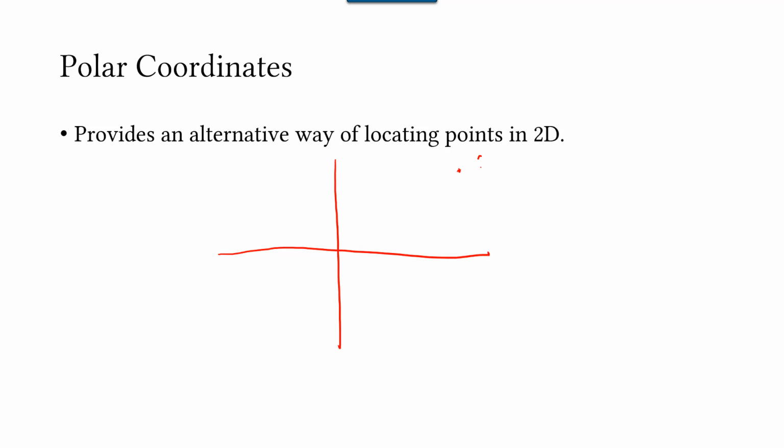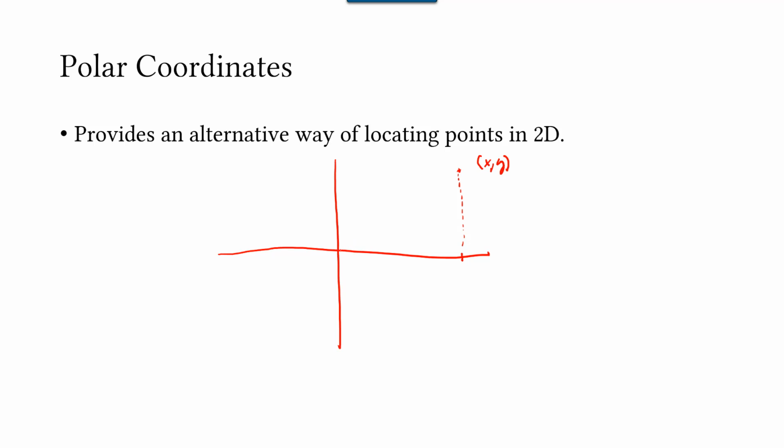We have a point here with coordinates x and y. That means we would go over x and up y to locate that point in the plane. But that's not the only way we could specify the same location.